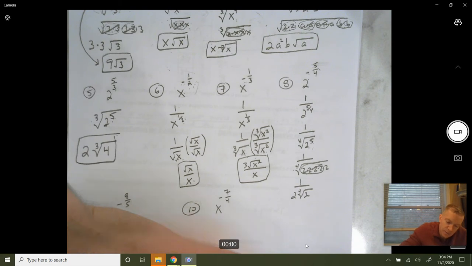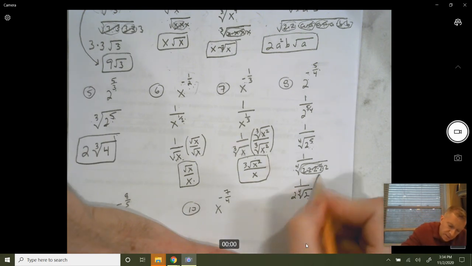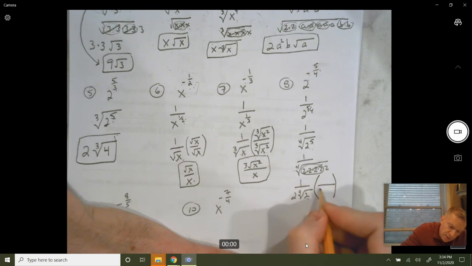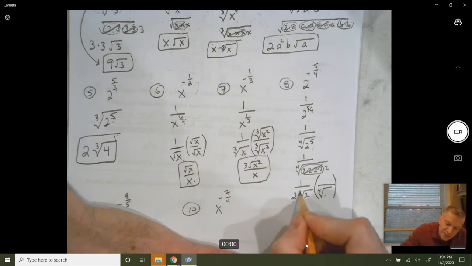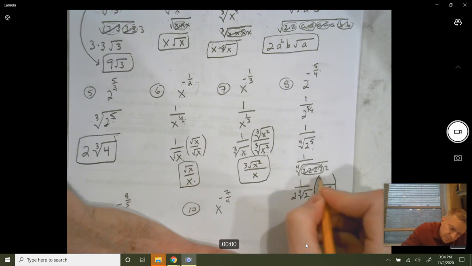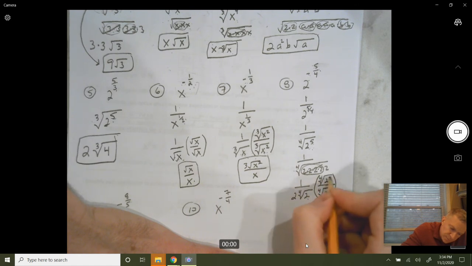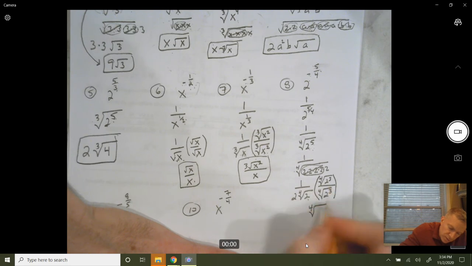Okay, but again, we have a radical in the bottom, which is a problem. So we have to multiply by something to get rid of the radical in the bottom. 4th root of, but we don't just need 1 more 2. It's a 4th root, so we need 4 of something. We need 4 2's. We have 1, so we need 3 more 2's. 2 to the 3rd. So on the top, we have the 4th root of 2 to the 3rd, 4th root of 8.